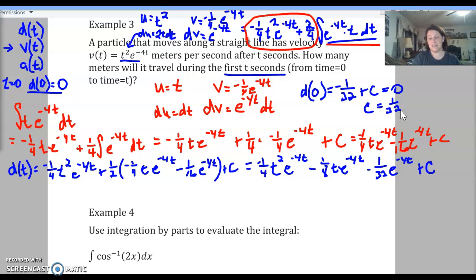Now we know what c is. I would have a pretty nice quadratic equation if I factored an e to the negative 4t out of all of that. Let's factor out the negative.